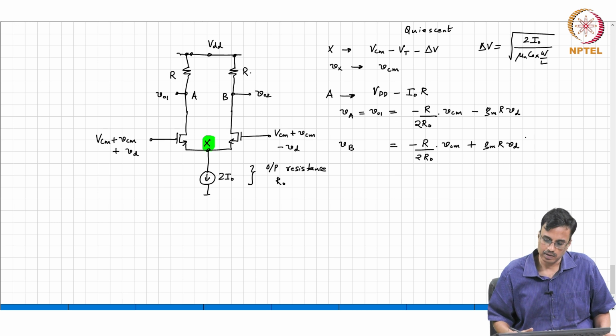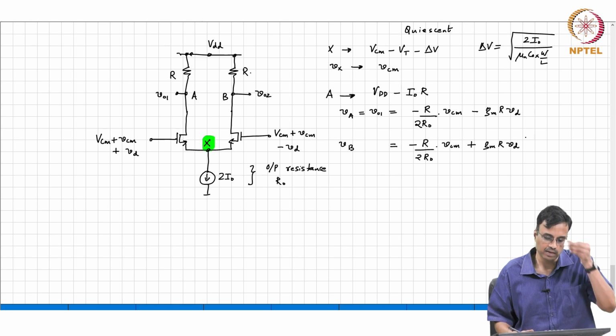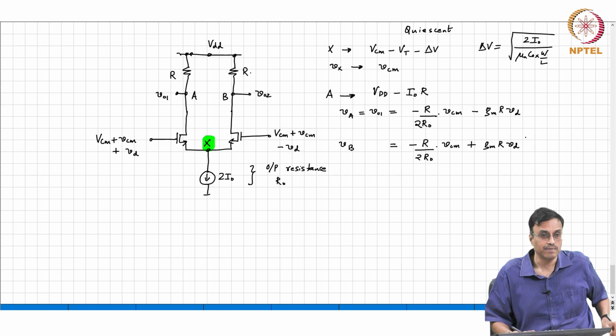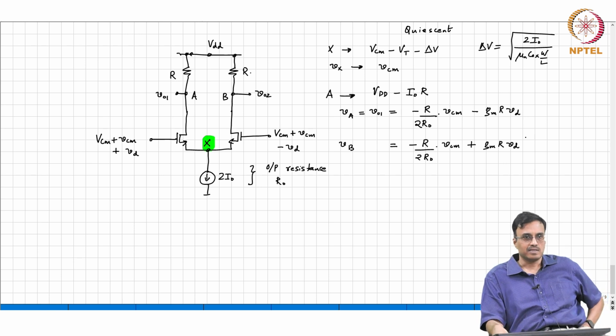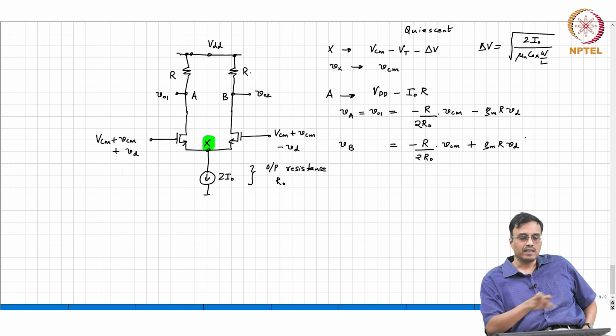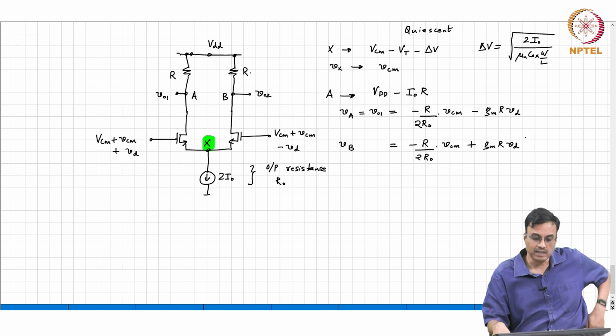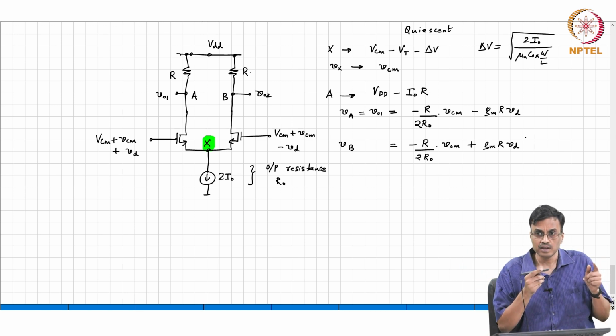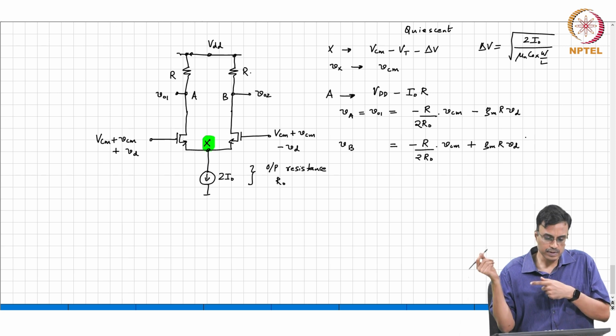So, this is all that there is to the differential pair with resistive load. The gain that you can get, therefore, if you take either VO1 or VO2, is basically for the differential input. Remember that the difference between Vx and Vy is, what is the difference between Vx and Vy? 2 Vd.